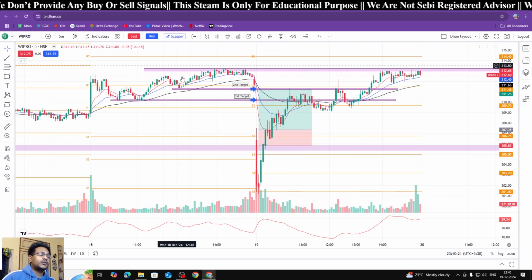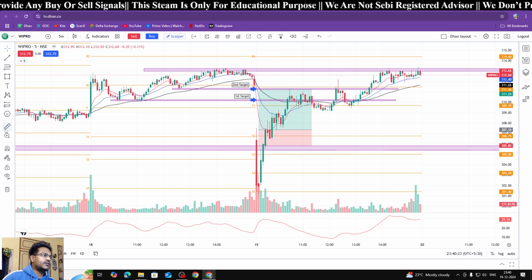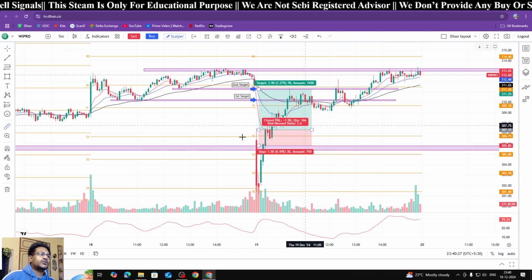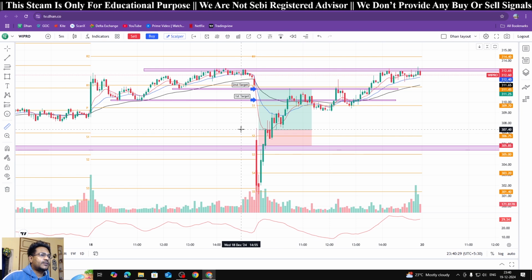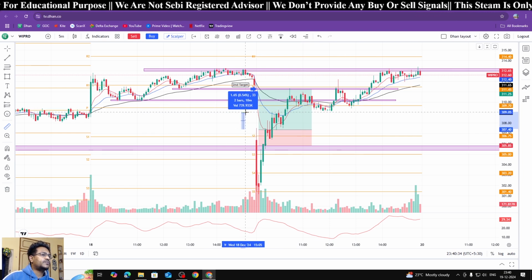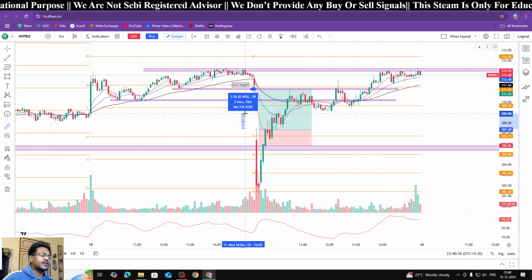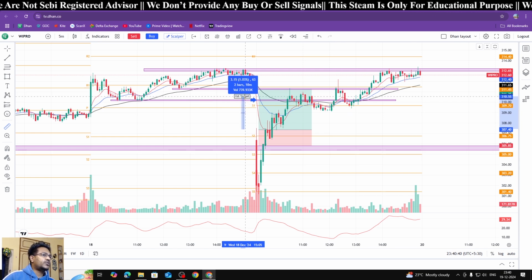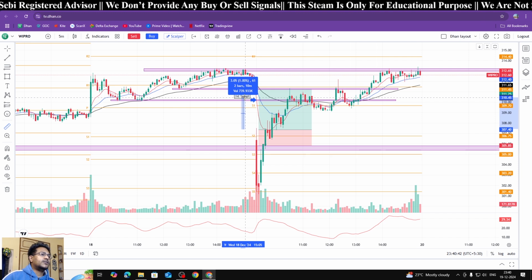And one more thing I wanted to highlight: normally if you're taking any trades in stocks, you have to make sure that if you get a minimum 50%, that is also pretty good. Minimum 50% target is pretty good. If not, 1%. Do not wait for more than 1%, because you can't expect more than 1%.